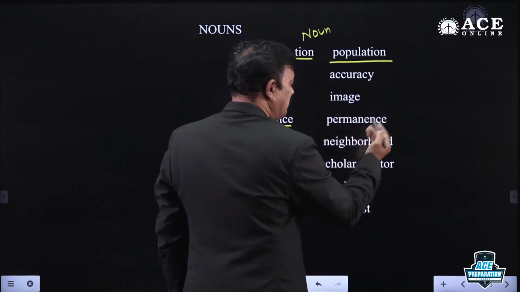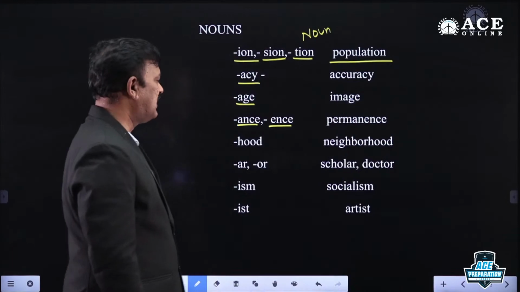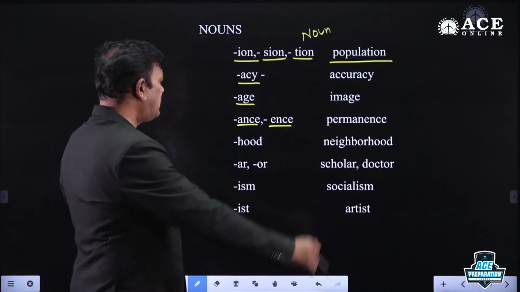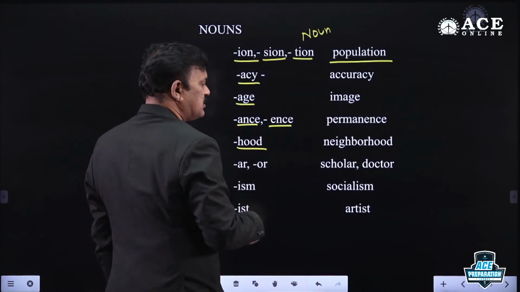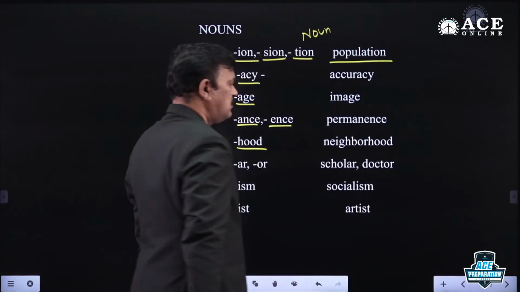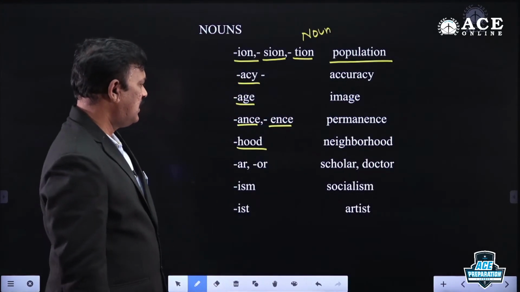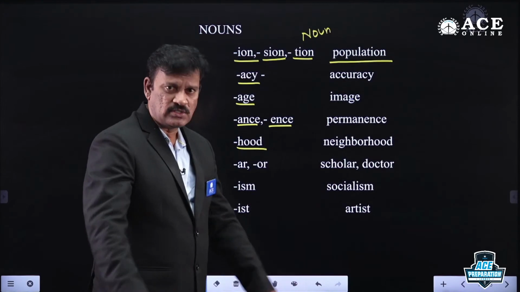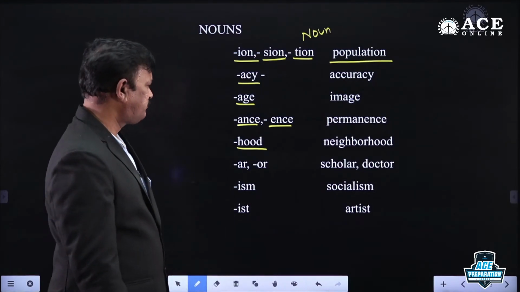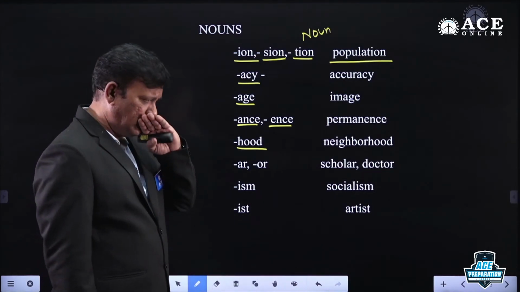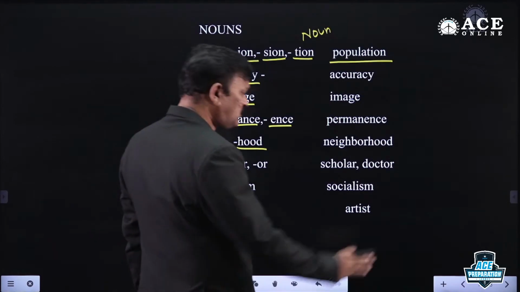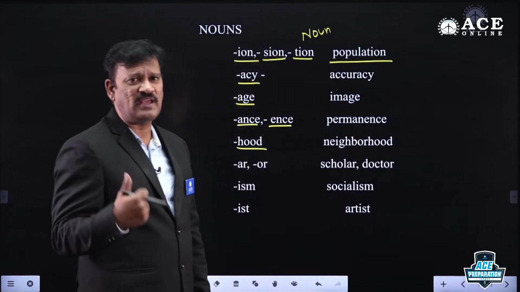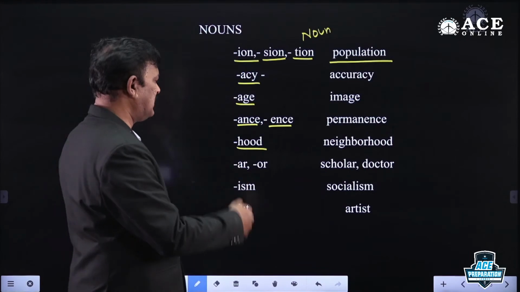Permanence, dependence, something like that. If a word ends with hood, that is by birth a noun. Neighborhood, boyhood, girlhood, manhood, womanhood, like that. Please send me your words based on that.